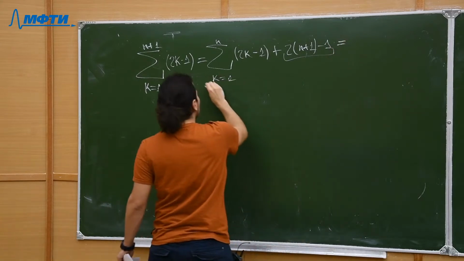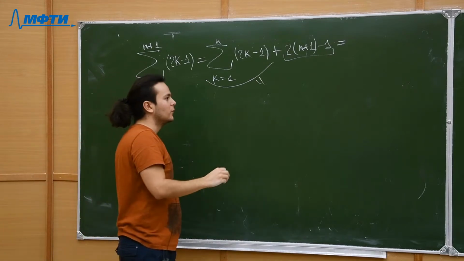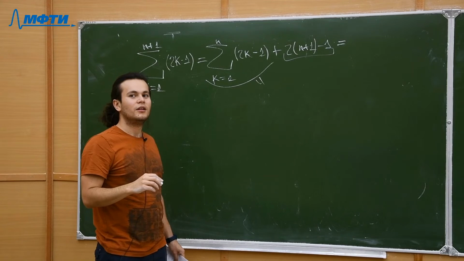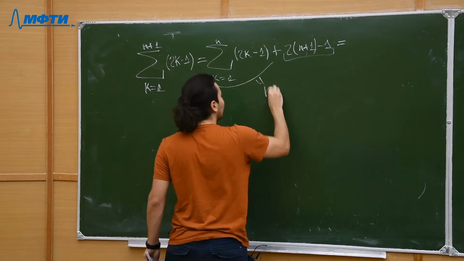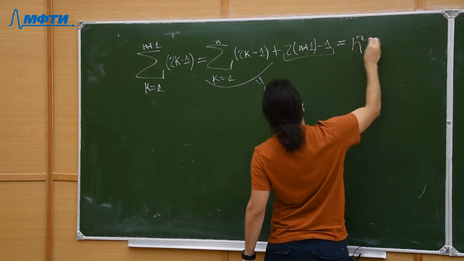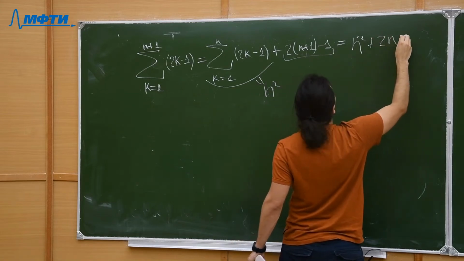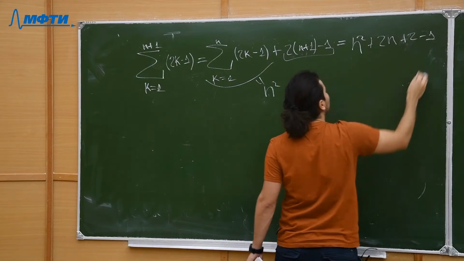So this is equal to n squared, right? So this is n squared plus 2n plus 2 minus 1.